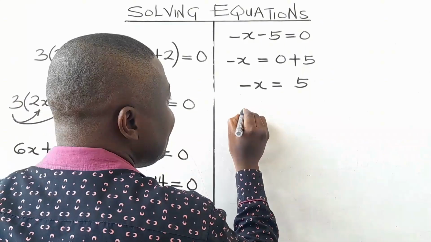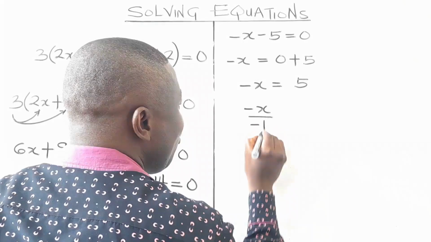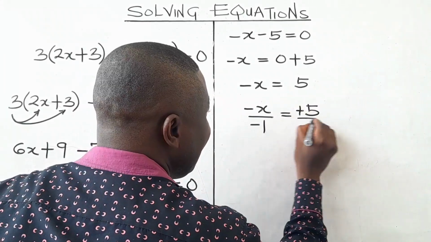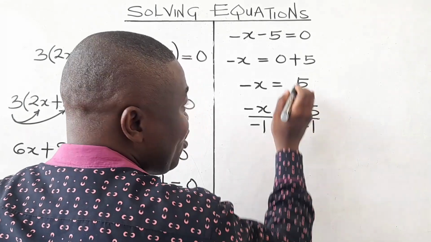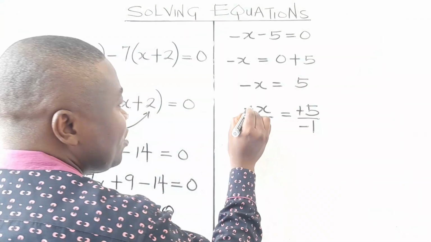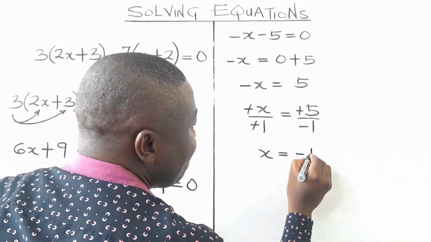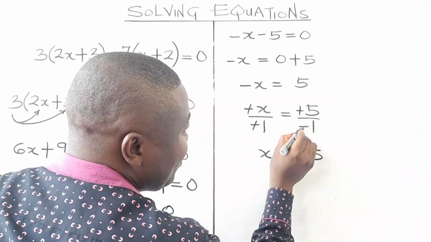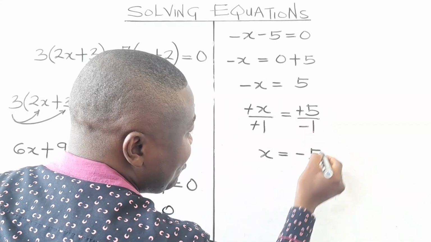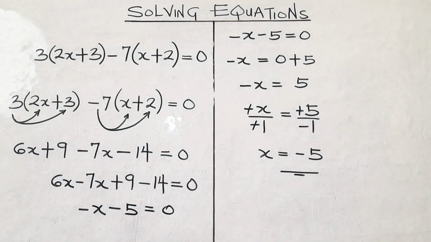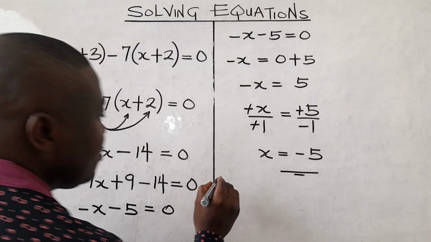So you have negative x over negative 1 equals 5. Remember, negative 1 here is divided, so this will go off. x equals negative 5, because positive divided by negative is negative. 5 divided by 1 is 5. So that is your answer. We can as well check.